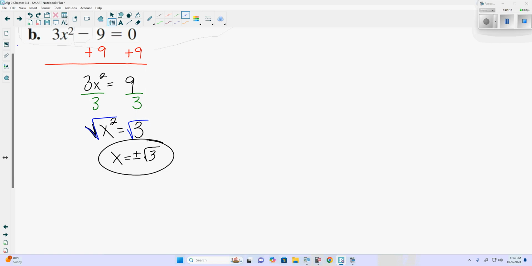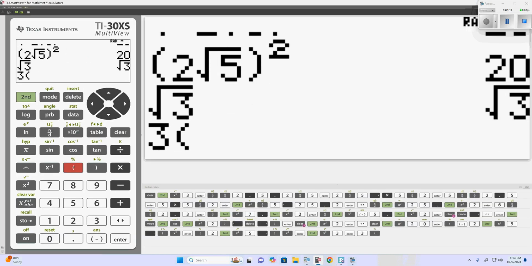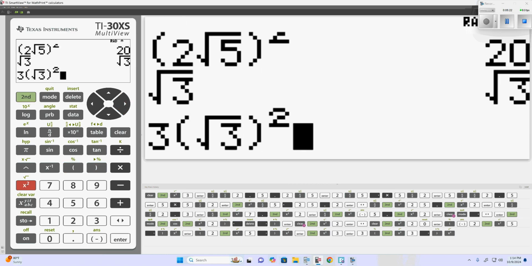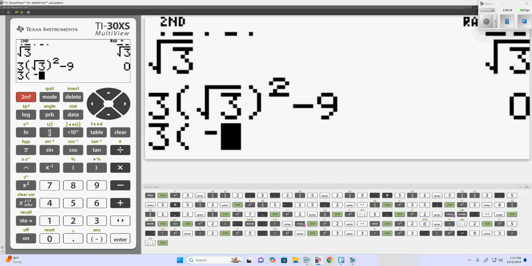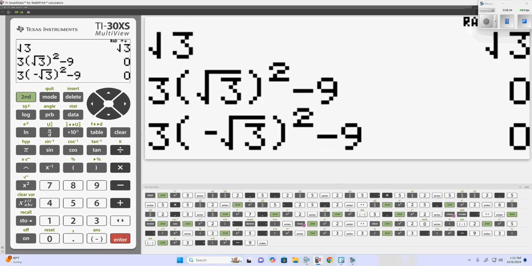If we wanted to check and make sure, we could plug it into the original equation. 3 times the square root of 3 squared minus 9 is, lo and behold, 0. 3 parentheses negative square root of 3 squared minus 9 is still 0. And that's it. Questions on this here? Questions on anything so far?